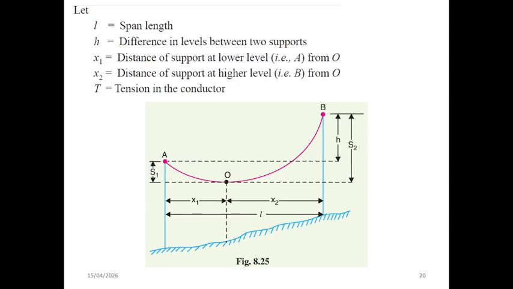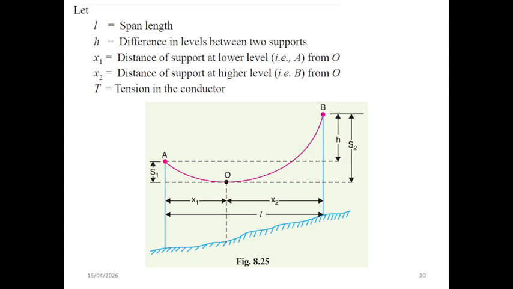Okay, this slide defines the key parameters required to analyze a conductor suspended between supports at unequal levels. You can see the levels of supports A and B are completely different.